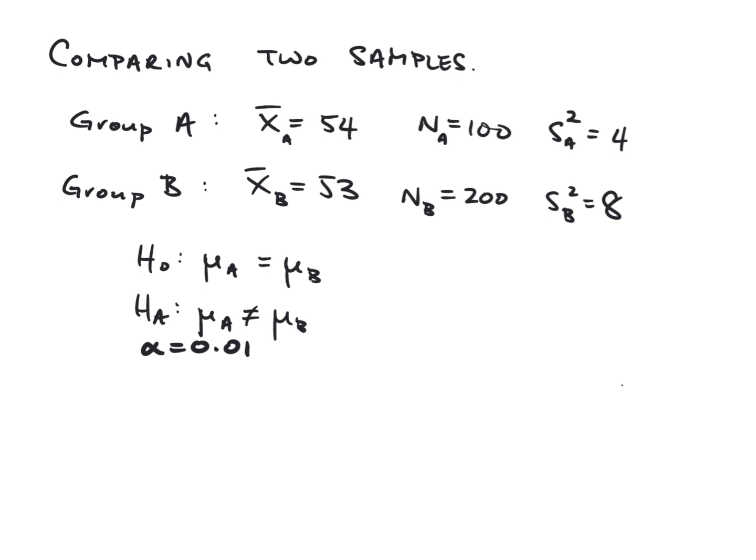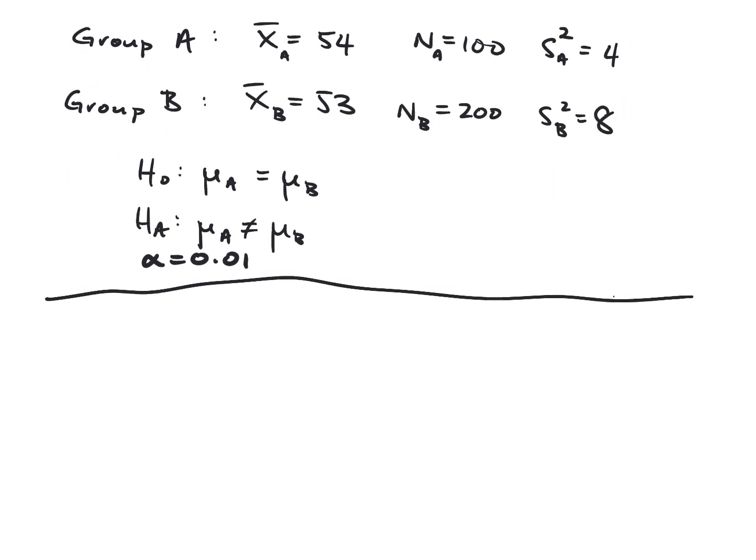Is 53 versus 54 a real difference in the averages in the population? Or are they basically coming from the same population, and one time we got a slightly higher sample mean than the other time? Now, I want to bring up a couple of considerations.